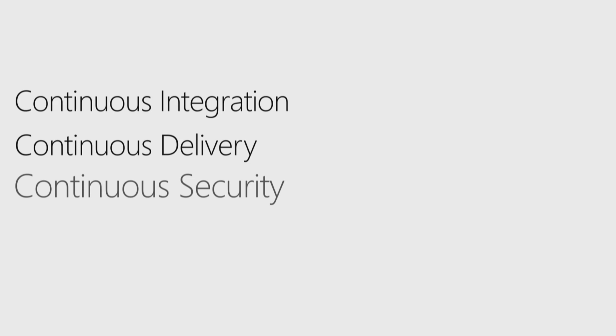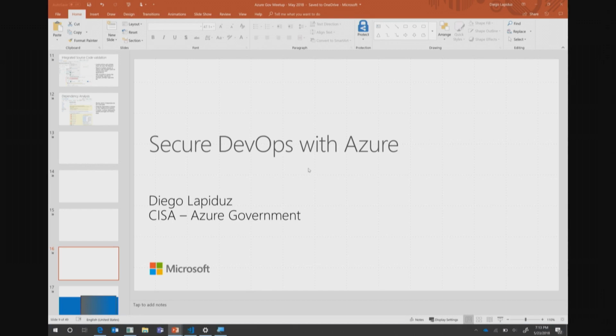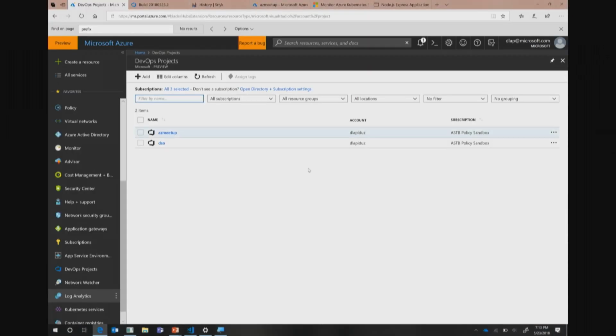So I'm going to jump into my demo and see if we can make that work. I'm going to be using a lot of features that are pretty new, so if they don't work, you're going to have to forgive me, or not. One of the things we noticed is that a lot of users want to do DevOps projects, and we released this feature at Build. It's called DevOps Projects.